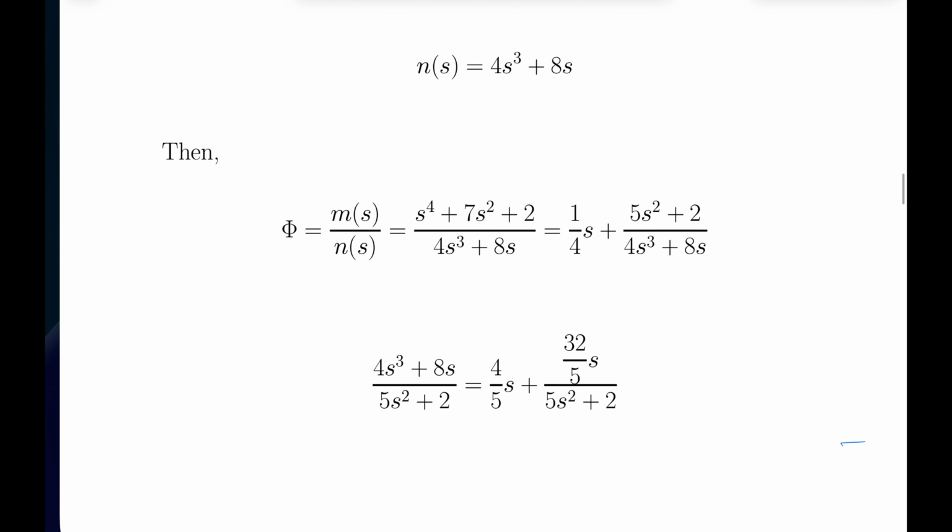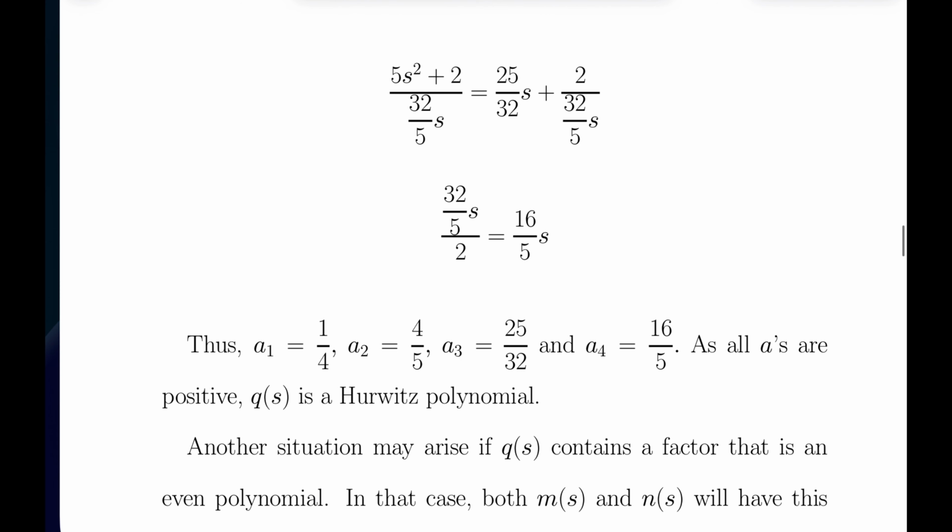We divide then 4s cube plus 8s by 5s square plus 2. By actual division, we get 4 by 5 s plus 32 by 5 s upon 5s square plus 2. Next we divide 5s square plus 2 by 32 by 5 s.